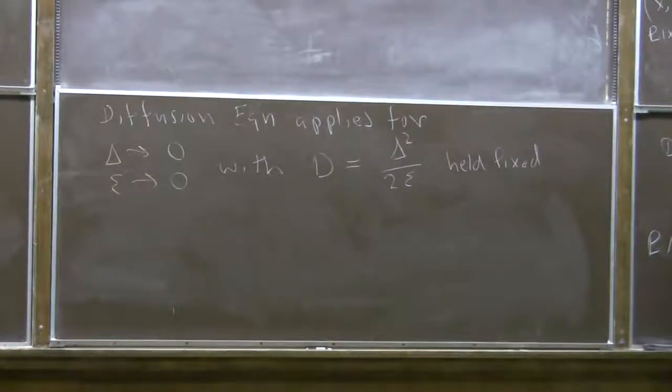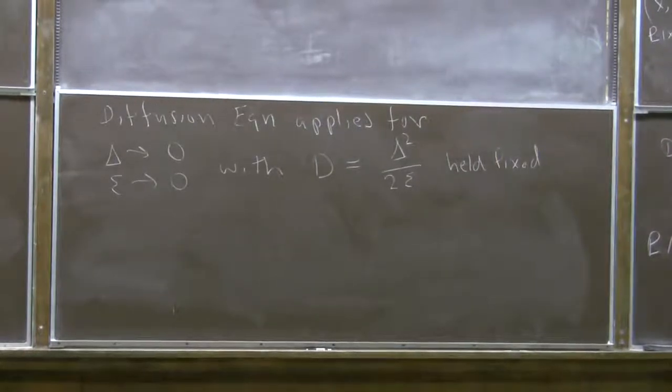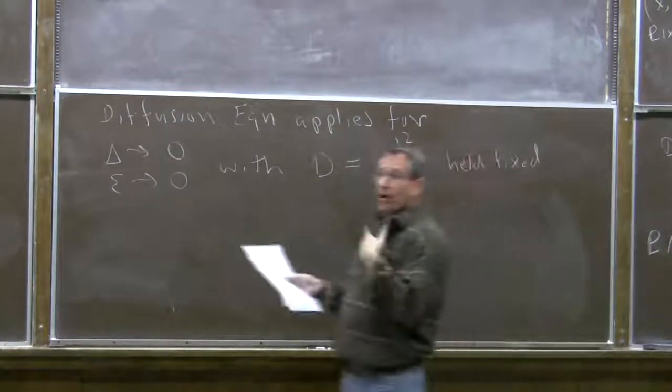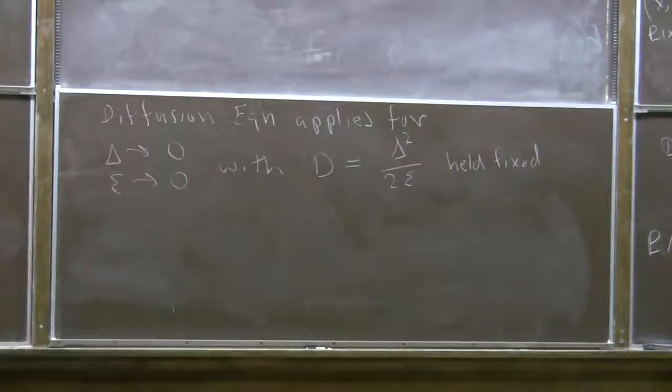So saying delta goes to zero, well, that means we're observing the behavior of this fluid on a characteristic distance scale which is large compared to the mean free path, and over time scales which are long compared to the typical collision time, epsilon.